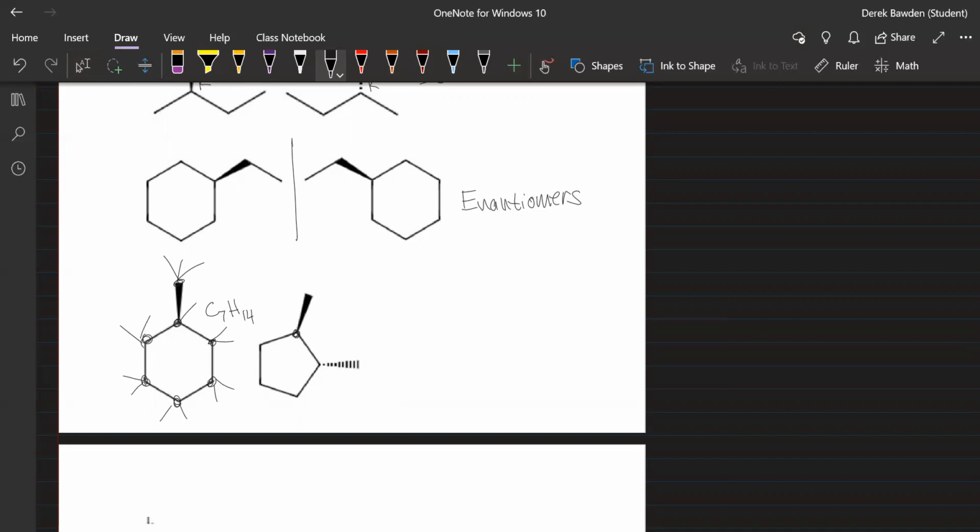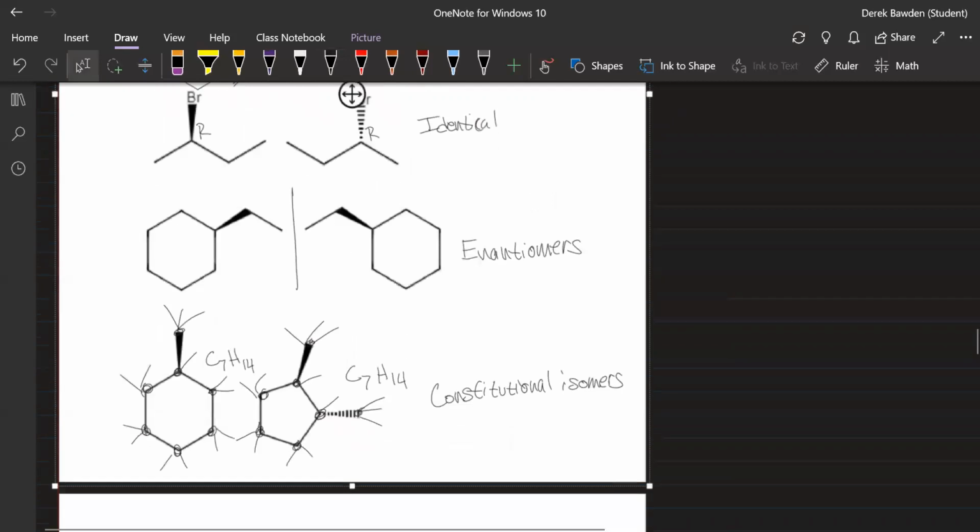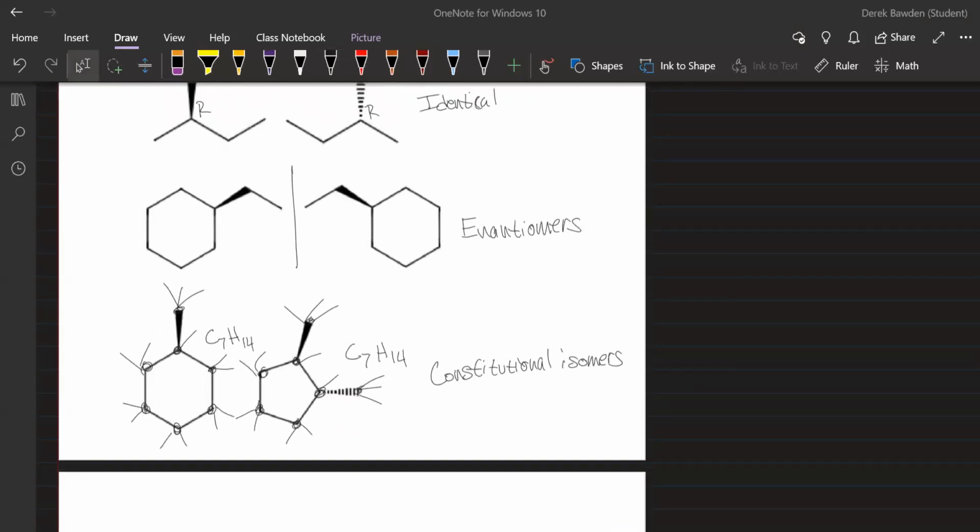Let's do it for this next one. 1, 2, 3, 4, 5, 6, 7 carbons, C7, and 14 hydrogens. C7H14. That means these are constitutional isomers. We okay on all those?